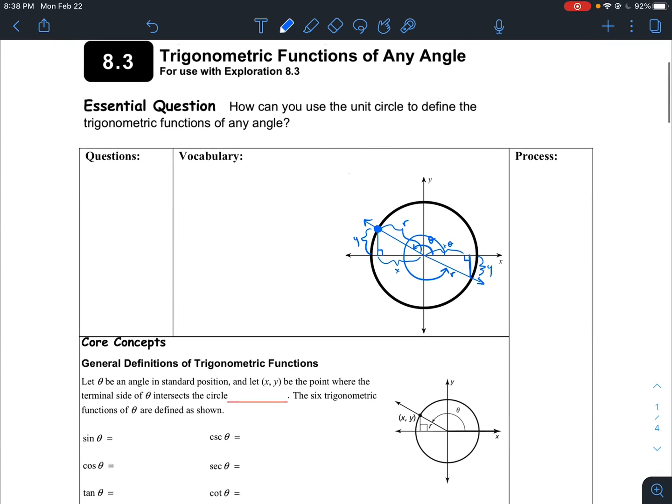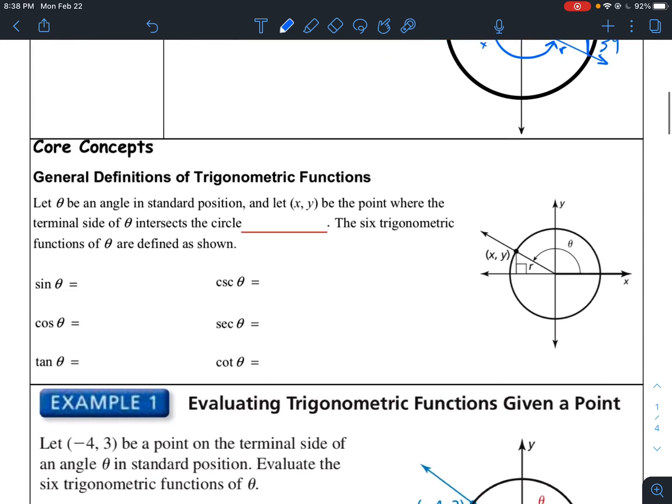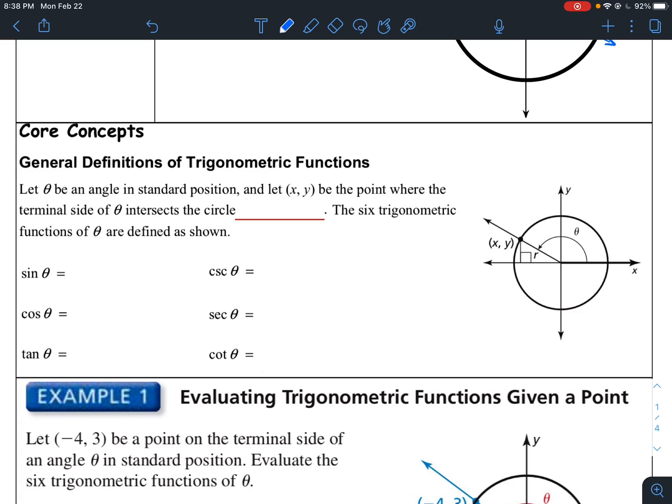So that leads us down here to generalizing the trig functions of any angle that is on a coordinate plane. We're going to let theta be an angle in standard position. Standard position means that the vertex of our angle is at the origin, if you remember that.